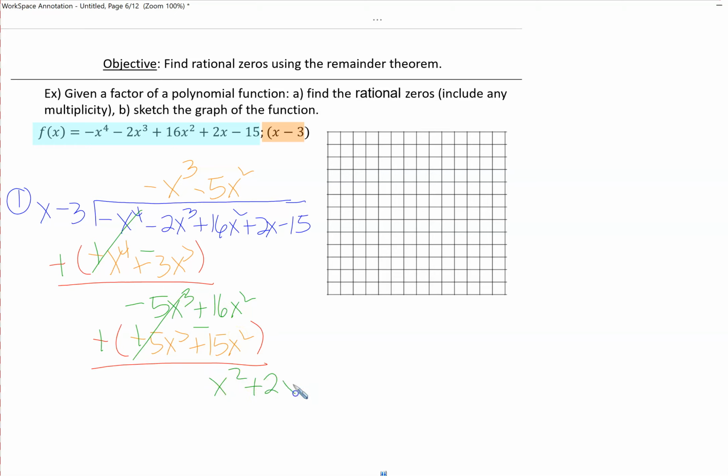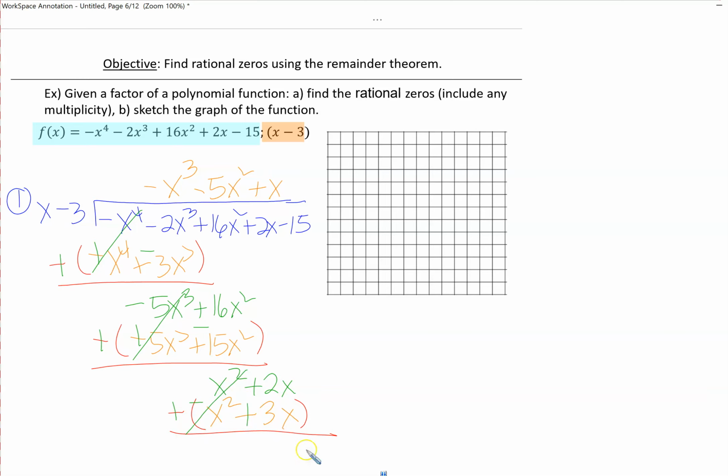Bring down the 2x. Then x times x would give us a plus x squared. We also, distributing, get a minus 3x. Subtracting, changing the signs, we get a negative x squared and a positive 3x.